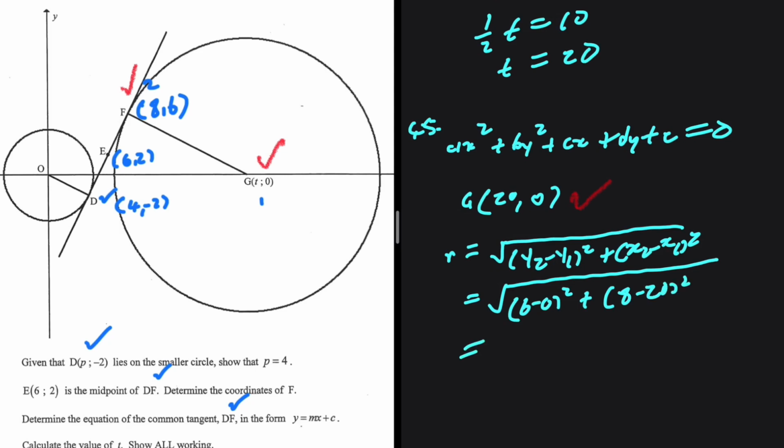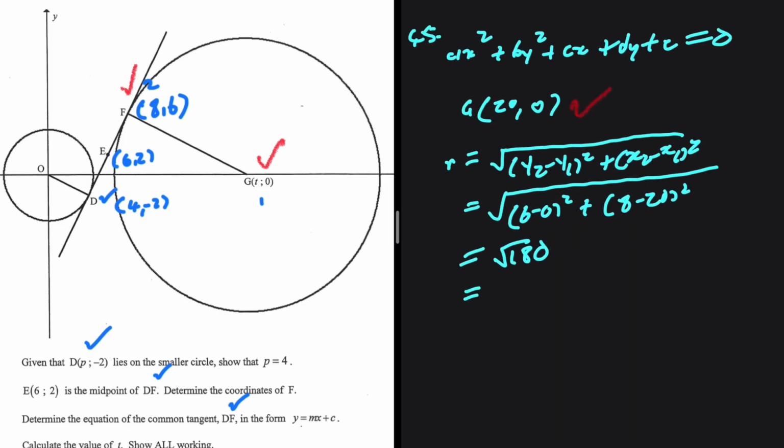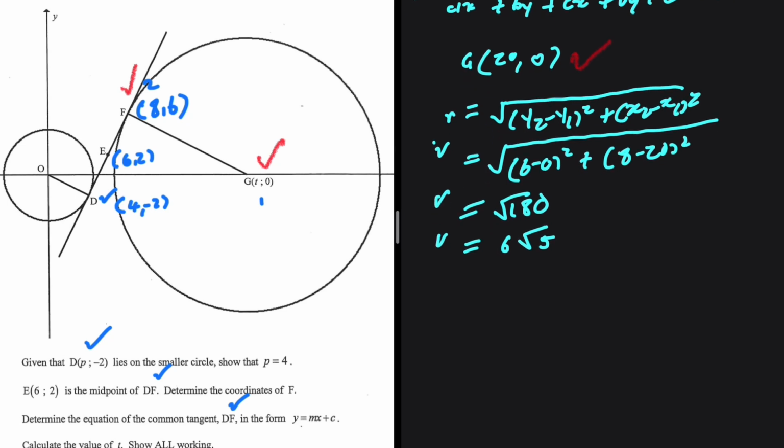Okay, so 6 squared is 36, and then minus 12 squared is 144. 144 plus 36 is 180. So I have the square root of 180. Can I further simplify that? Let me put it in my calculator. Okay, if I further simplify it, I get 6 square root of 5 as r. So that's my value of r.